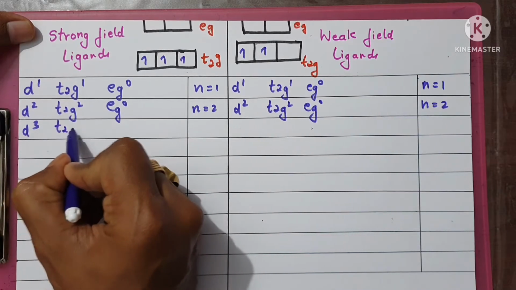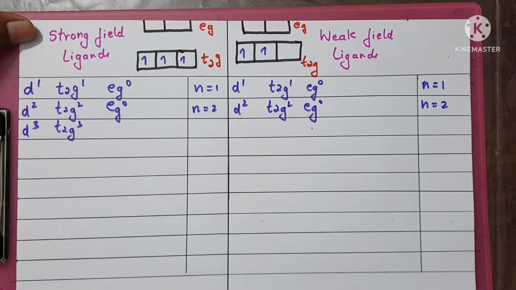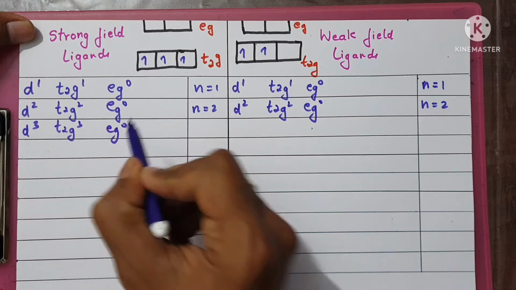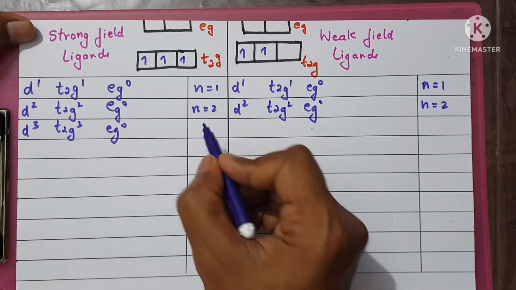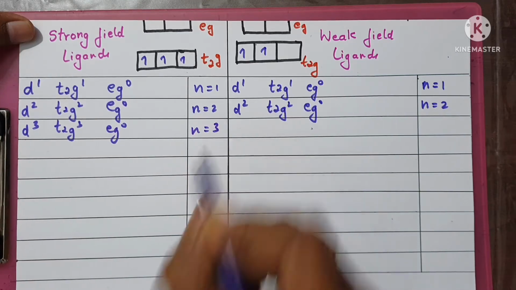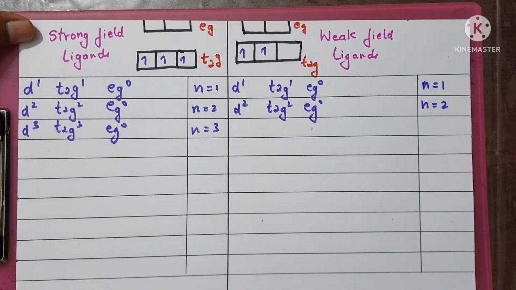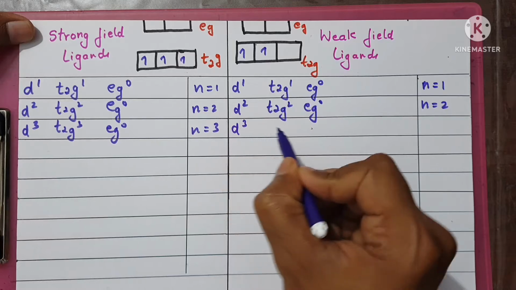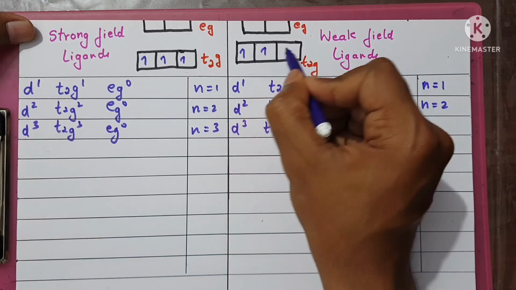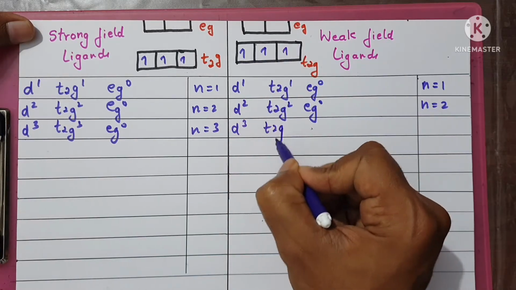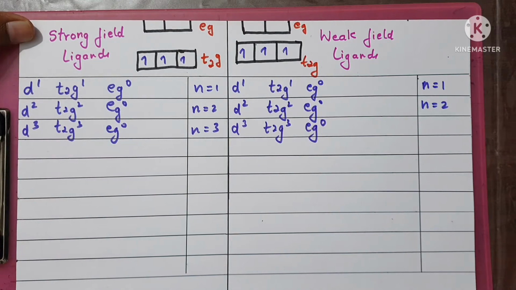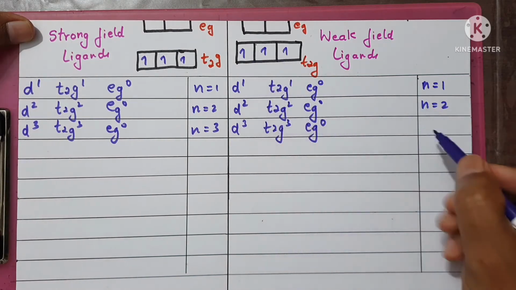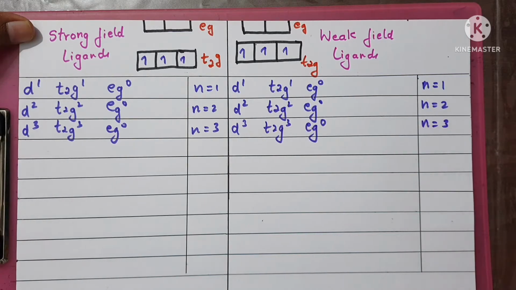Therefore, t2g3 electrons. In eg, there is no electron. Therefore, how many unpaired electrons? 1, 2, 3. Therefore, unpaired electrons 3. n is equal to 3. And the same for d3, that is 1, 2, 3. Therefore, t2g3, and here it is eg0. How many unpaired electrons? 1, 2, 3. n is equal to 3.